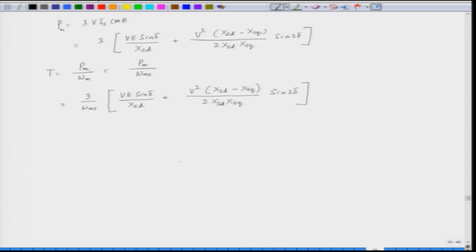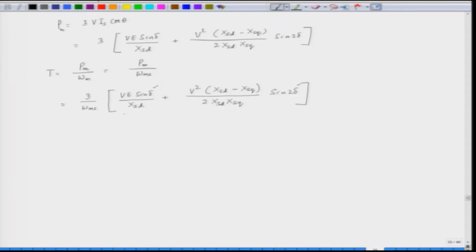Now, in a salient pole synchronous machine, we see that T is a function of sin delta, also sin 2 delta. Because of saliency, Xsd is not equal to Xsq. That is why we have the term sin 2 delta.